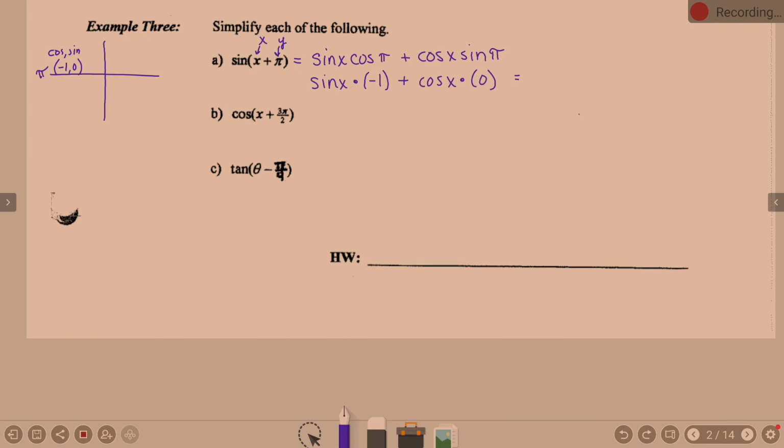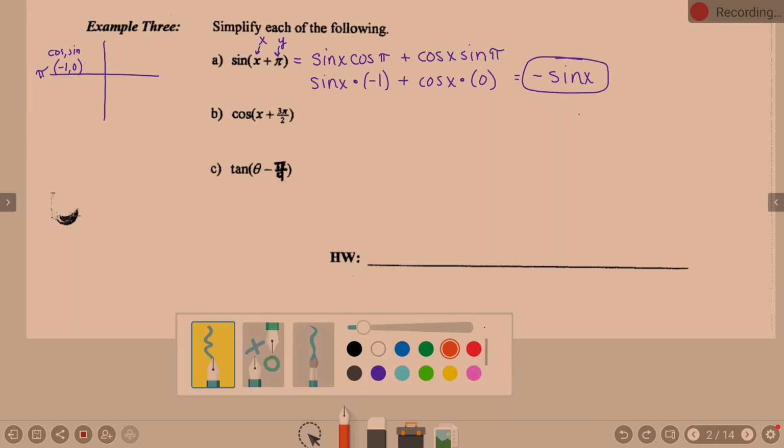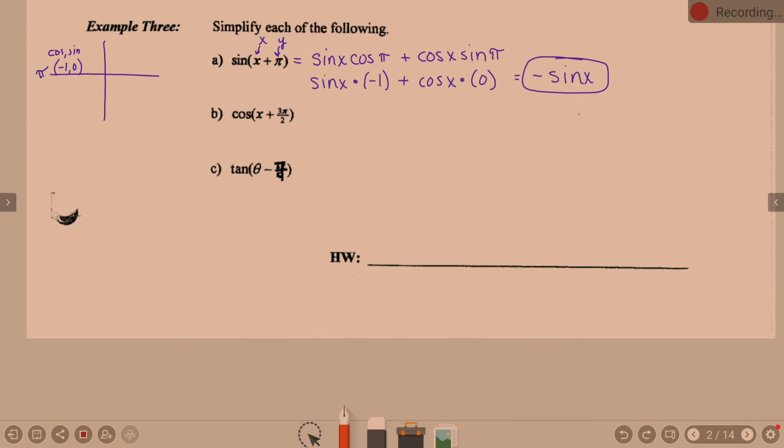Negative sine x. -1 times sine x is going to be negative sine x. The cosine times 0 is gone. It's just 0. So negative sine x. You got it. So notice in this section we're talking about a lot of our quadrantal angles.